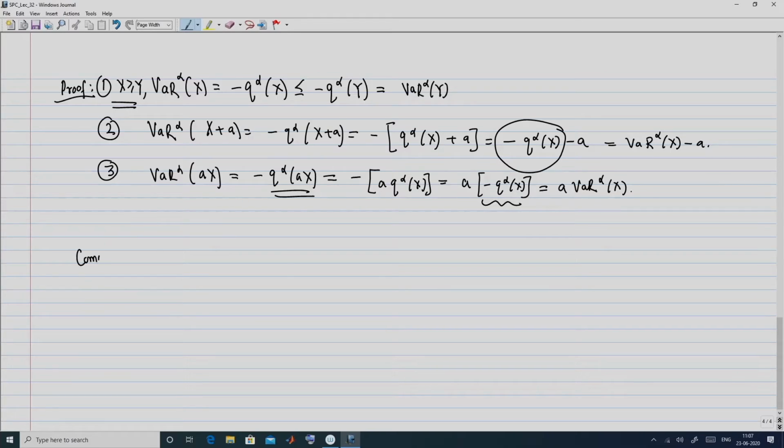The next thing we do is look at examples for computing VaR, and we will look at a few of those to illustrate how the computation is done.